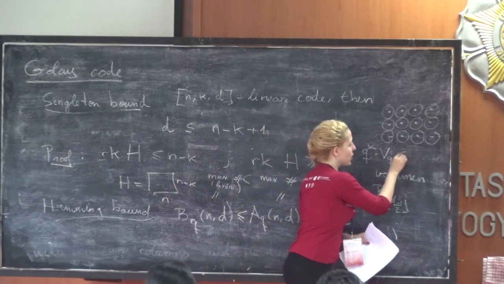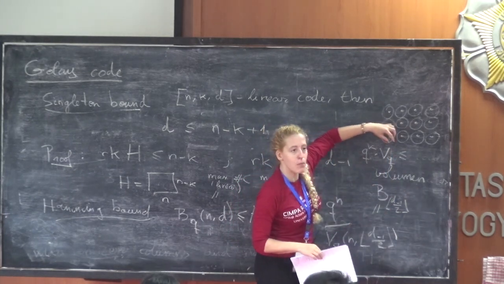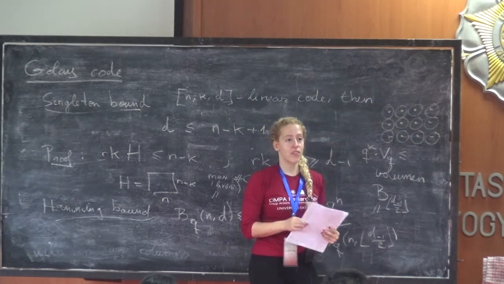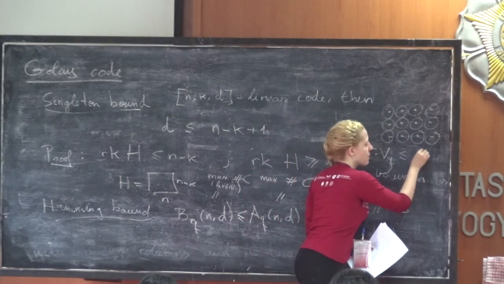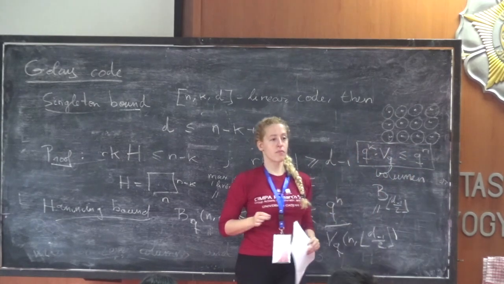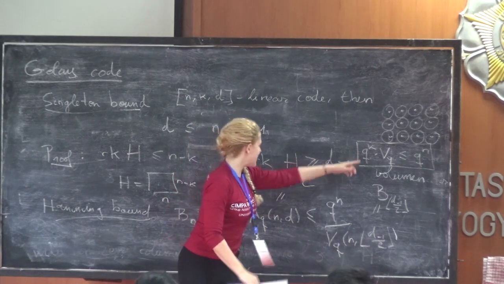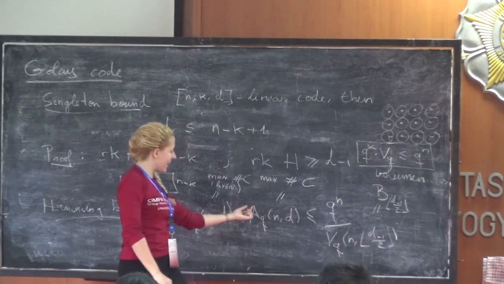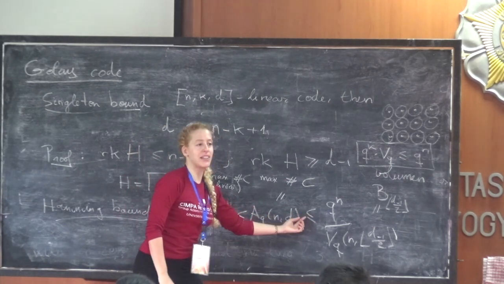This is smaller or equal, since they don't overlap, than the number of points in the whole space. So q to the n. So basically now if I divide by the volume V_q here, I get the inequality here.